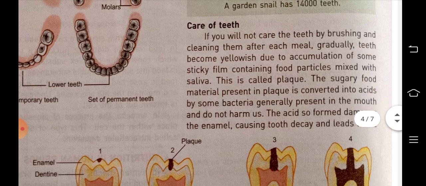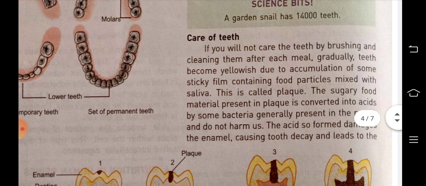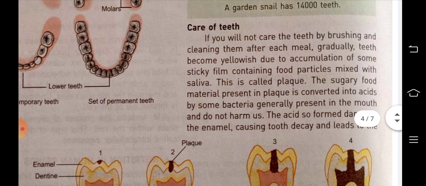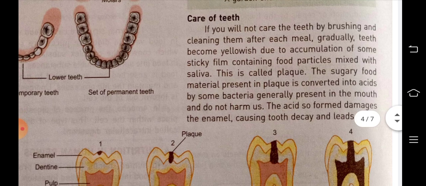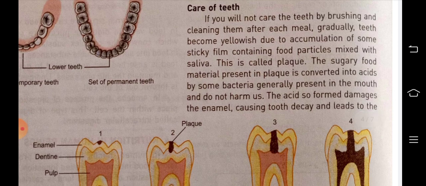Care of teeth. We should take care of the teeth. If we do not care for the teeth, then different problems arise. So we should take care of the teeth by brushing and cleaning them after each meal.